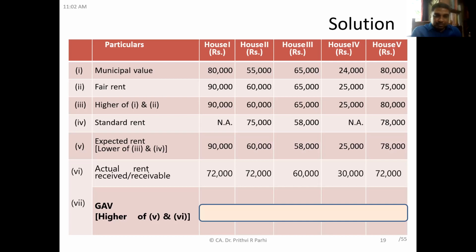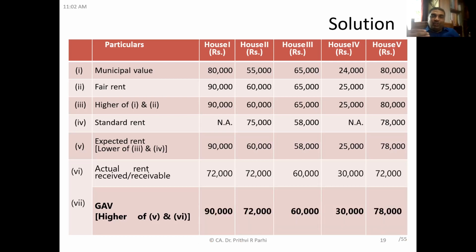The first one is 90,000, the higher. Then the second house, 72,000. Then 60,000, then 30,000, then 78,000. If the property is vacant, only after that will we deduct the vacancy period from gross annual value.